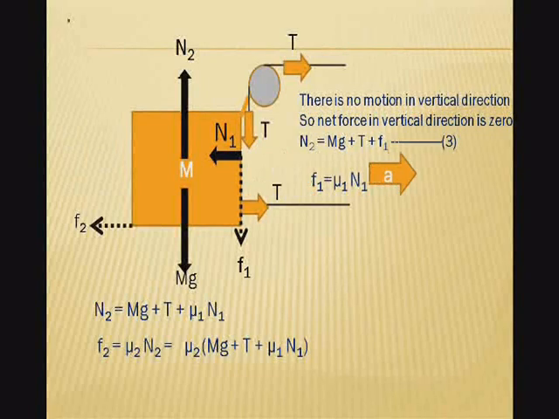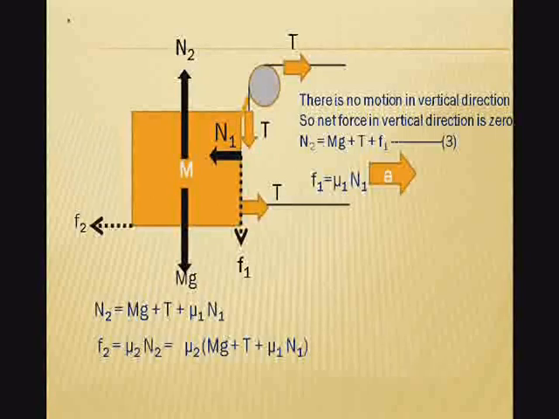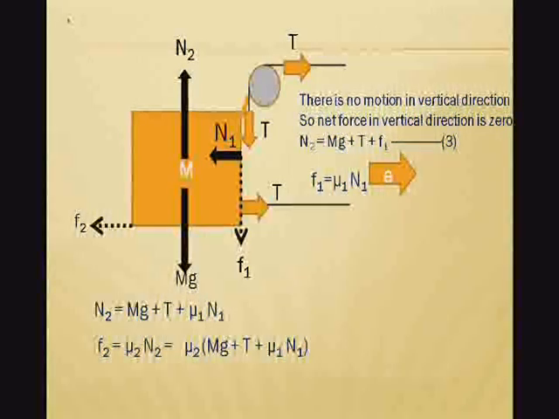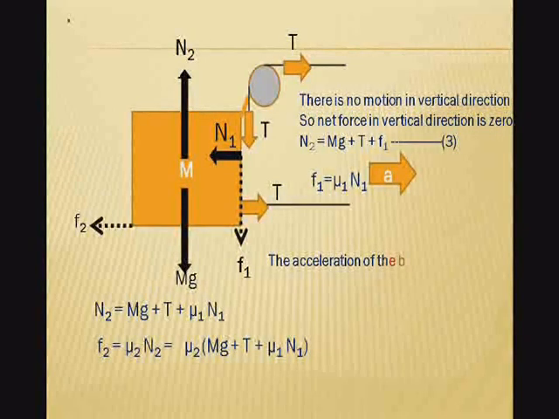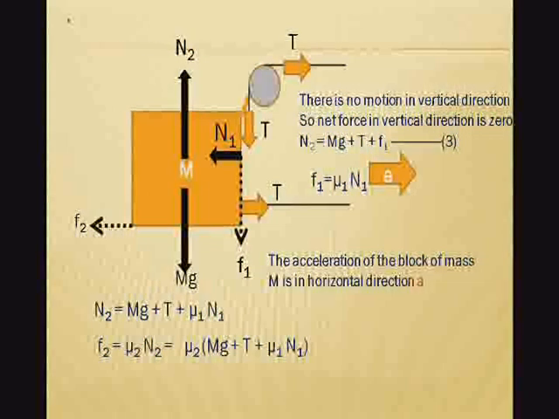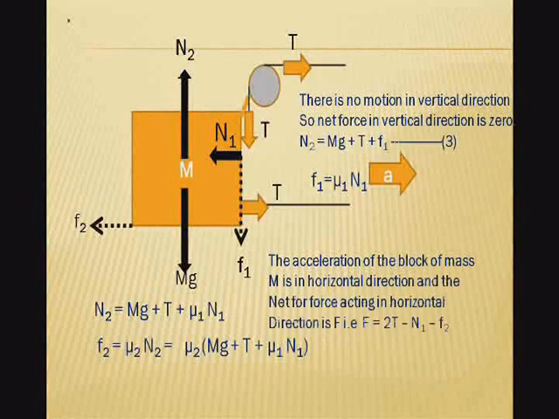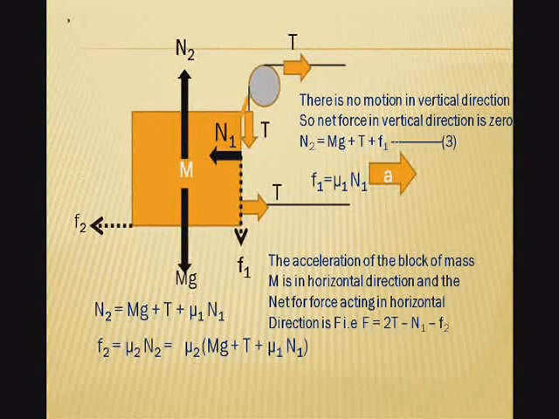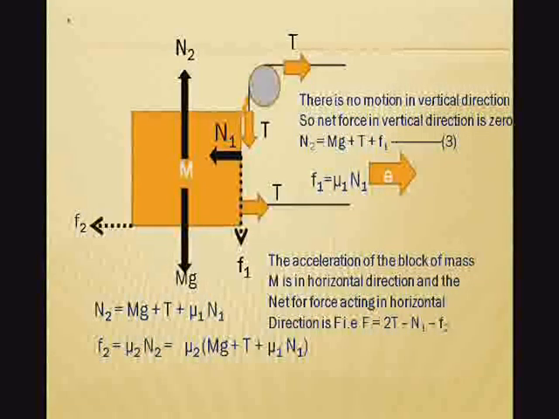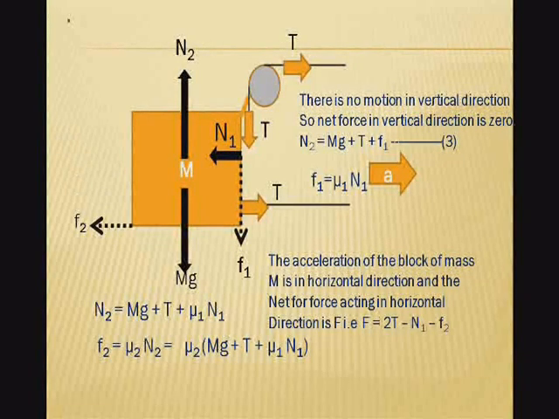and N1 is equal to ma, and we know that the motion of the bigger block is in the horizontal direction. So in the horizontal direction, how many forces are acting? The acceleration of the block of mass M is in the horizontal direction, so the net force should be in the positive x direction, and that net force is equal to 2T, because the two horizontal tensions are acting, and N1 is acting backward and F2 is acting backward.